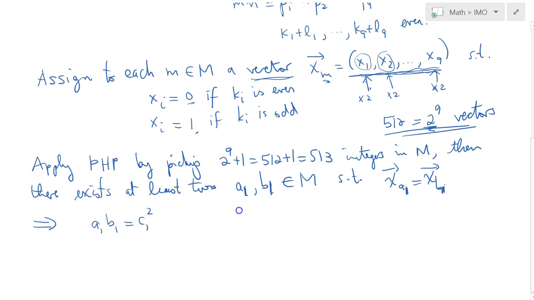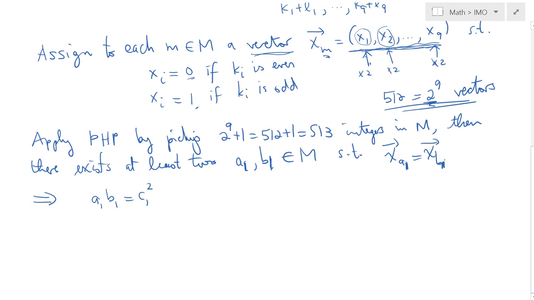Now what I will do next is simply remove A sub 1 and B sub 1, both of them, from M. So we obtain a new set, let's call it M prime, which doesn't have the elements A sub i and B sub i.